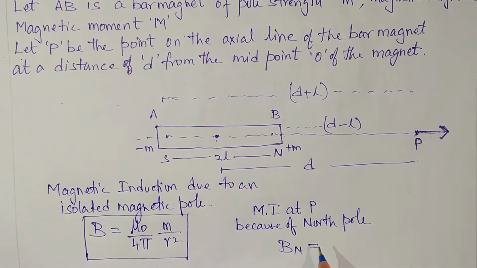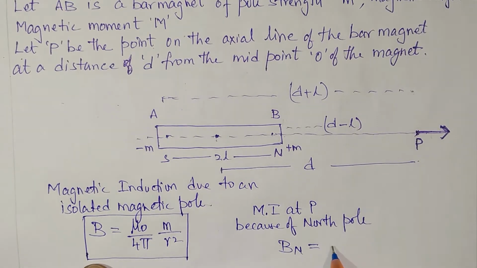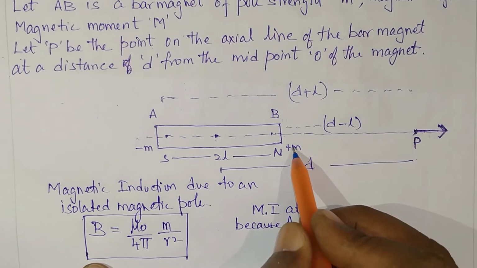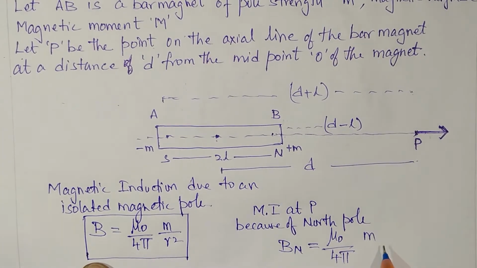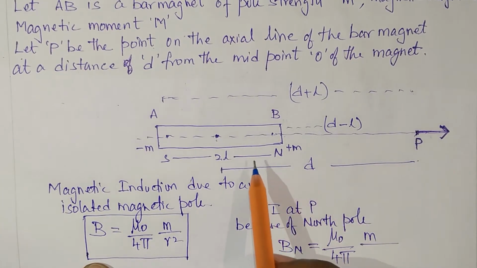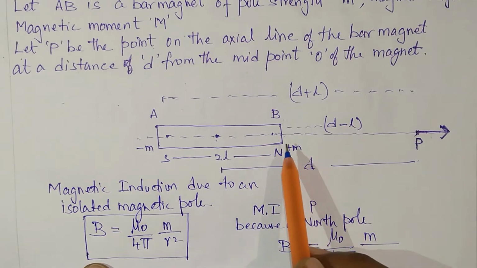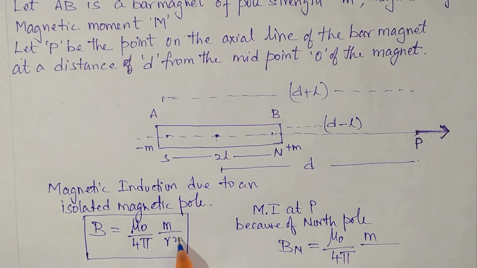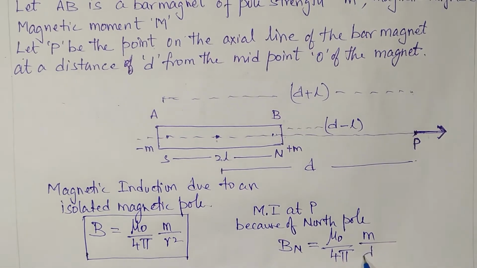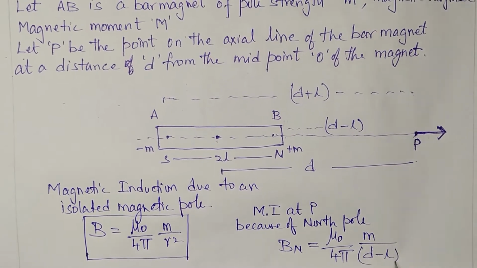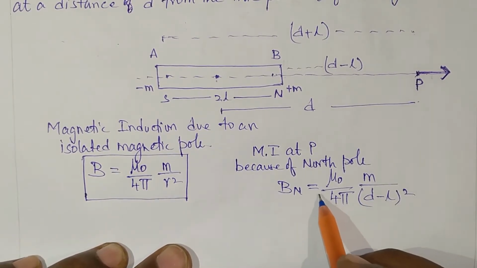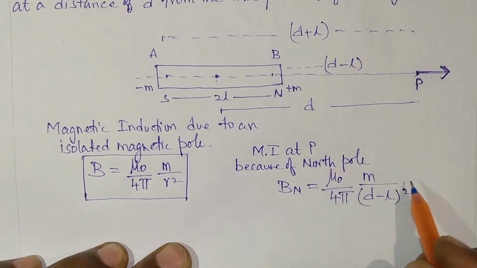Based on this formula, I can write it as mu naught by 4 pi. What is the pole strength here? m, by what is the distance between this north pole and this point P? It is d minus L. So instead of r square, I will write d minus L whole square. What is the direction of this magnetic induction because of the north pole?